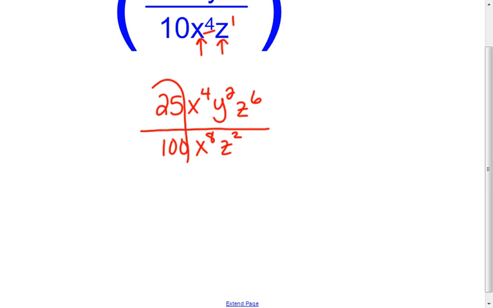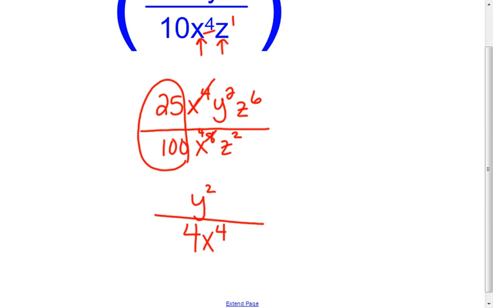If I reduce 25 over 100, obviously I have a 1 on the top and the 4 on the bottom. I'm not going to write the 1 for right now. If you look at your x's, you have 4 x's here, which can cancel with 4 of those out and make that be x to the 4th in the denominator. You only have y's on the top, so you would have y squared up there.